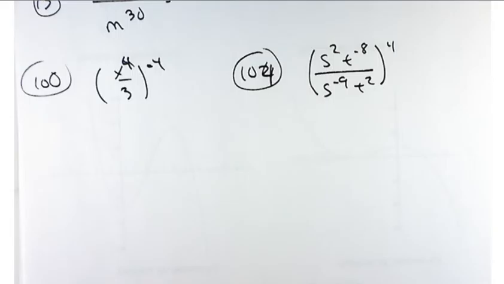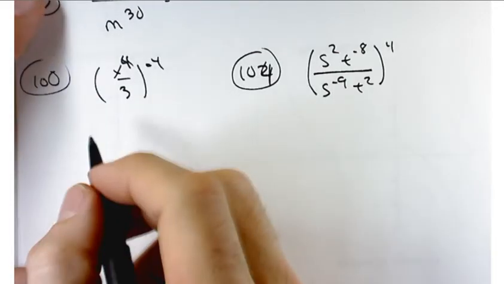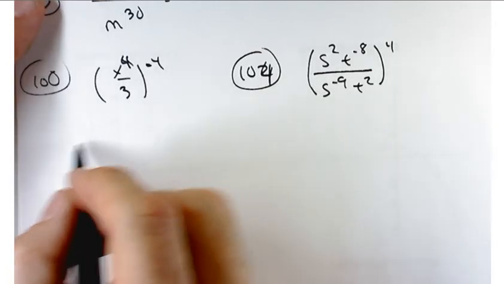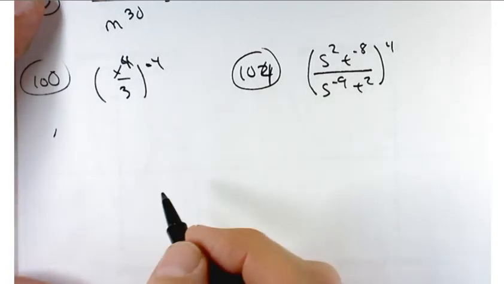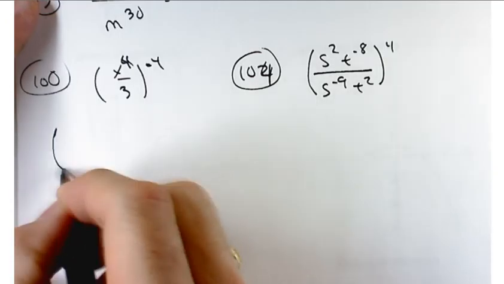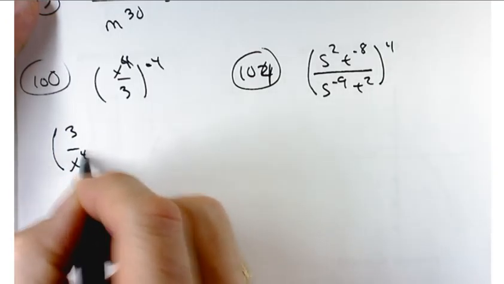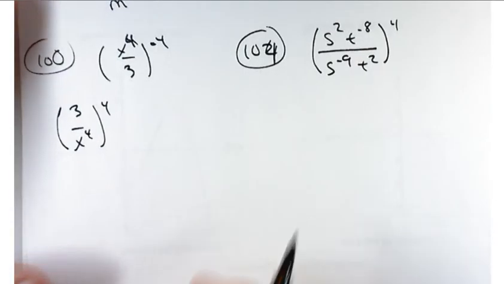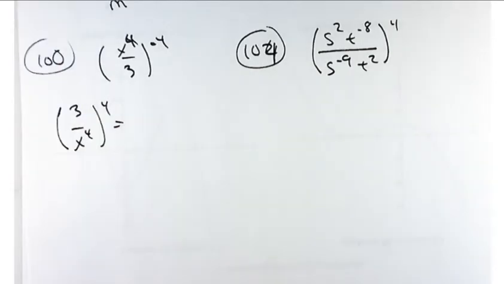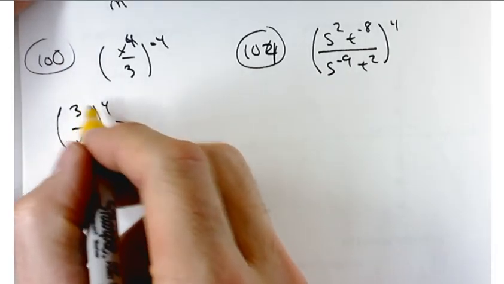Madison, what's a good way to start this one? Okay, so took the reciprocal on the inside, that's fine. 3 over x to the 4th, and the exponent on the outside, is that going to add or divide, or what's it going to do to the exponents on the inside?